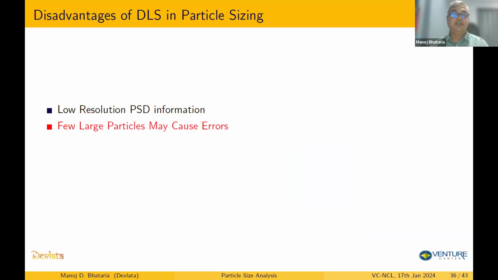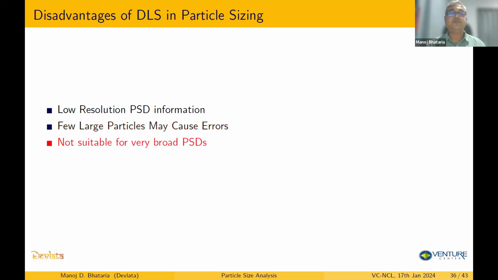If there are large particles, they would cause error. This is mainly because the intensity of the scattered light is directly proportional to the particle diameter raised to the power 6. So if small particles are there and there are very few large particles, those large particles, when they come in the path of the laser beam, are going to scatter so much light that the light from the small particles is going to get obliterated.